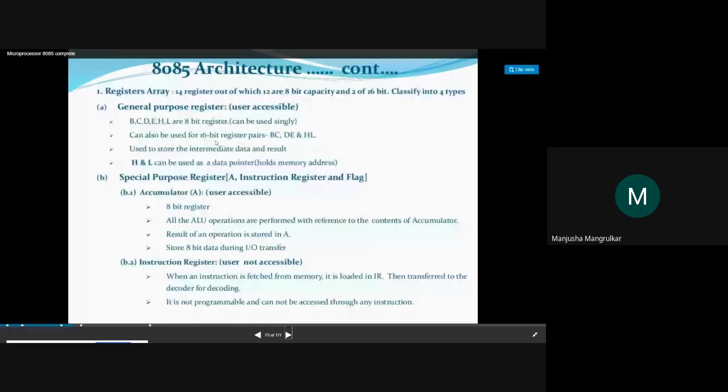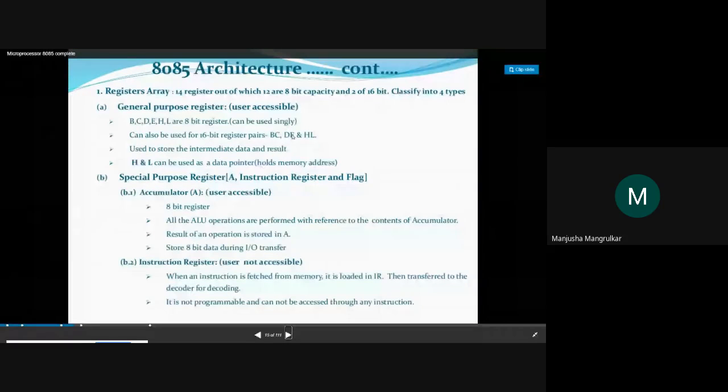B, C, D, E, H, L are 8-bit registers, which can be used singly, and can also be used as 16-bit register pairs: B-C, D-E and H-L. They are used to store immediate data and results. H-L can also be used as a data pointer to hold the memory address, as we will see.